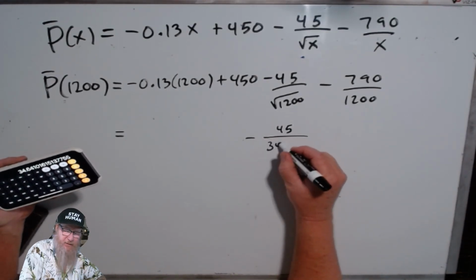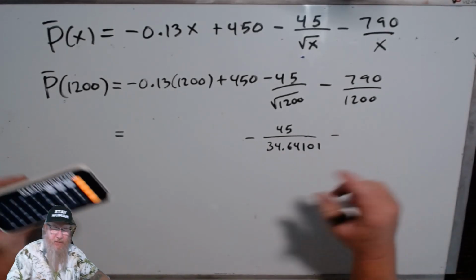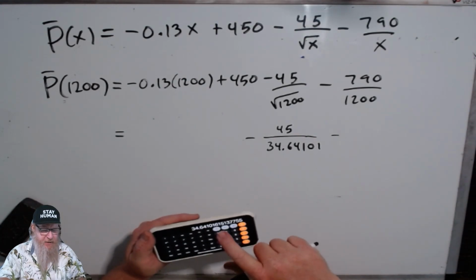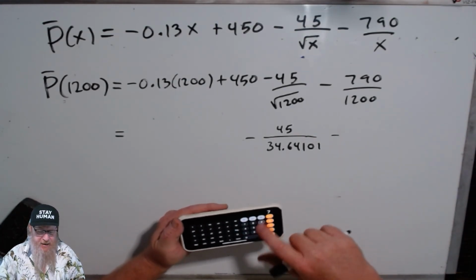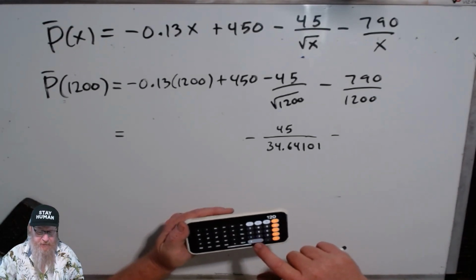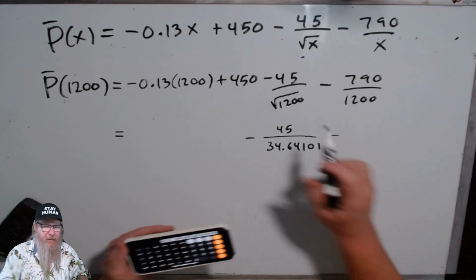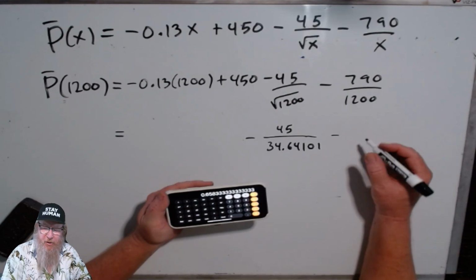We're just going to write that down, 34.64101. I'm going to do this piecemeal here. Let's do 790 divided by 1200. When you're doing these piecemeal, you just do each one individually, term by term.